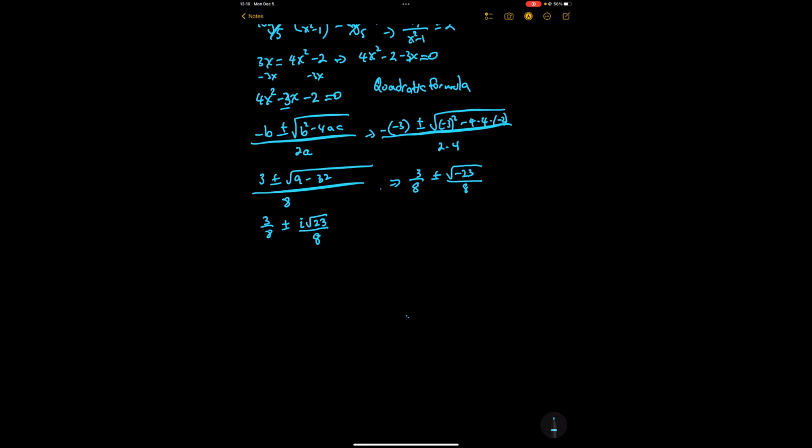So would that mean in this case that there is no solution? Possibly, it could mean there is no solution. Okay? Yes, it could mean that there is no solution, because we're not supposed to have any imaginary number on this one, I'm thinking.